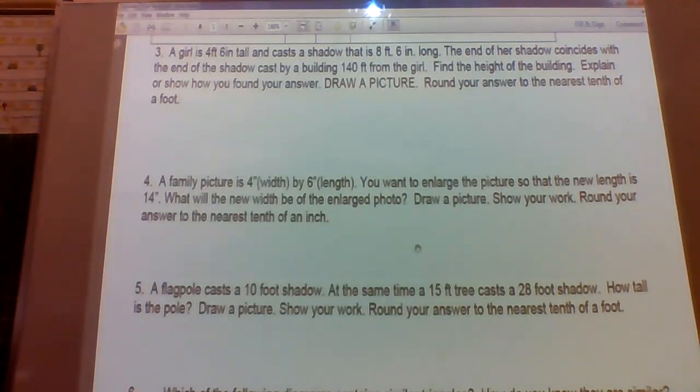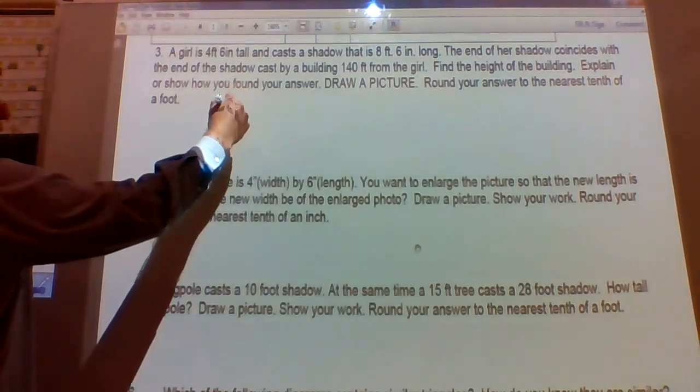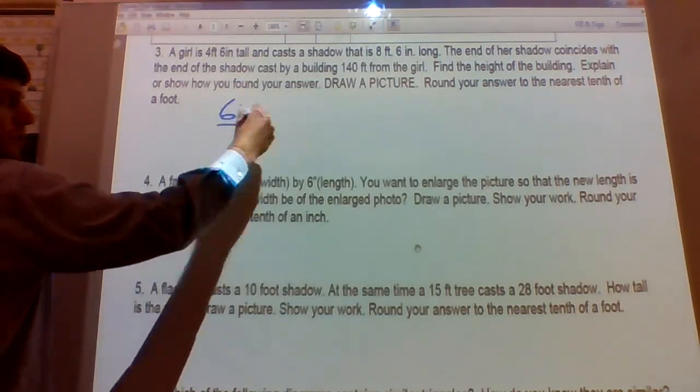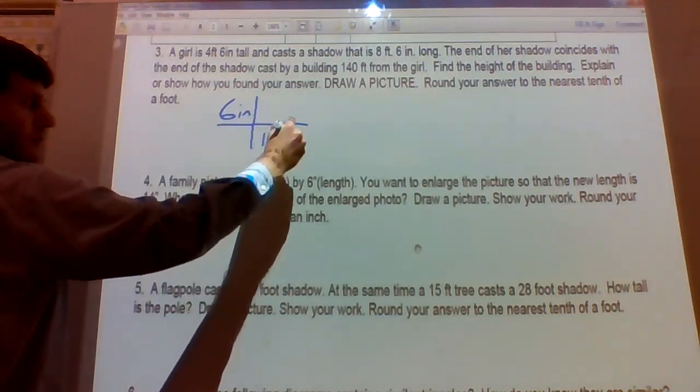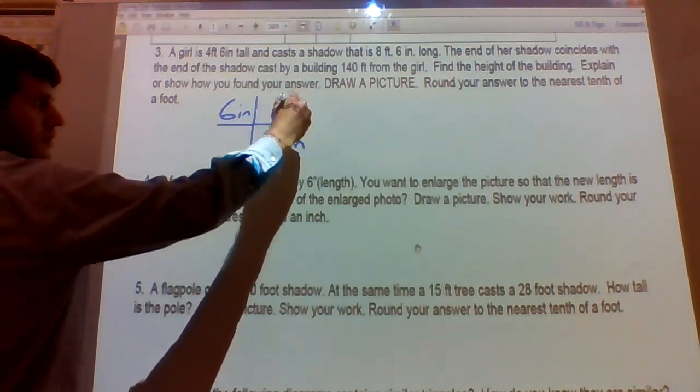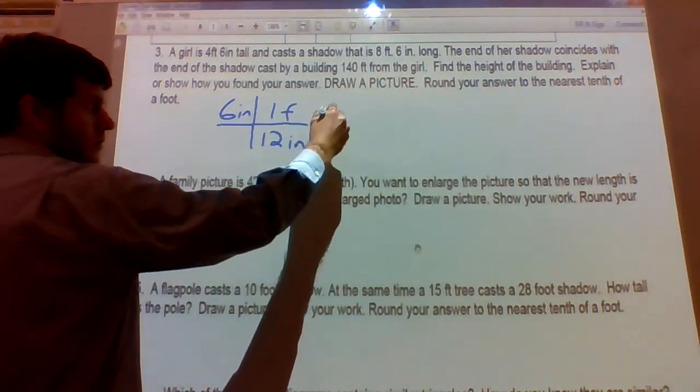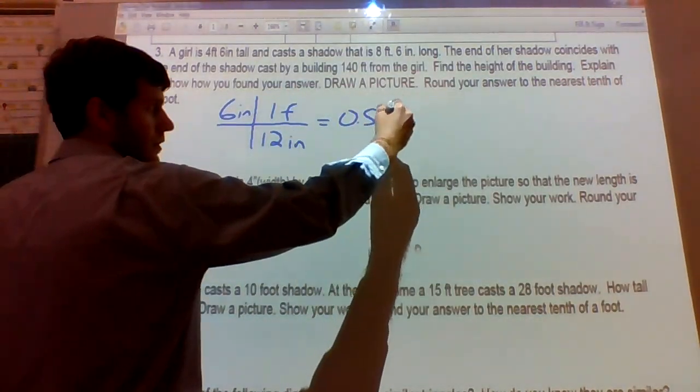Draw a picture. Okay, so first thing I want to do here is convert the 4 feet 6 inches and the 8 feet 6 inches into feet. So there are 6 inches here, and there are 12 inches in a foot. Okay, so 6 inches is going to be half a foot.